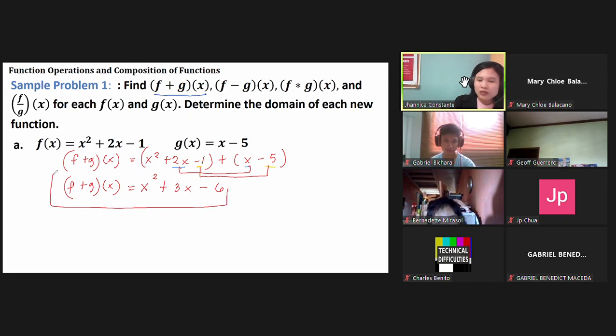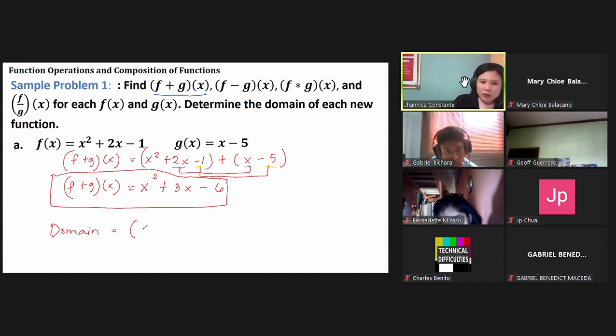Looking at the sum of our new function, we are able to give the domain. Since the function doesn't have a denominator, we're going to have a domain which is all real numbers.